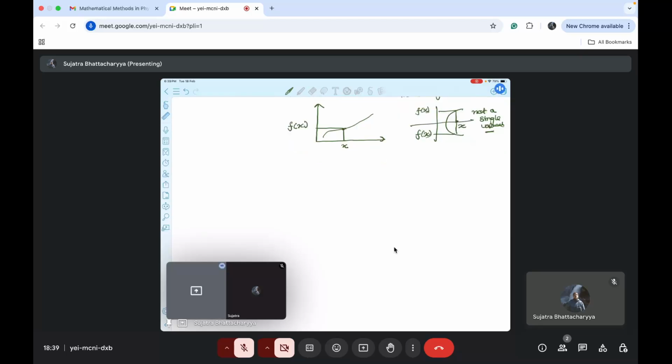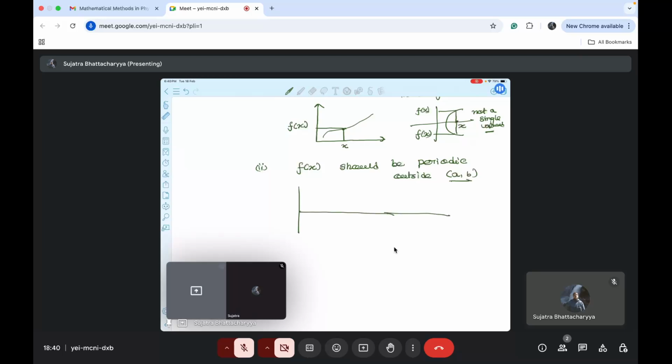Number two, which is very important, is that f(x) should be periodic outside (a, b). See, this is now the open interval (a, b). So outside the open interval (a, b), f(x) should be periodic. For example, just like the sinusoidal wave or any wave.